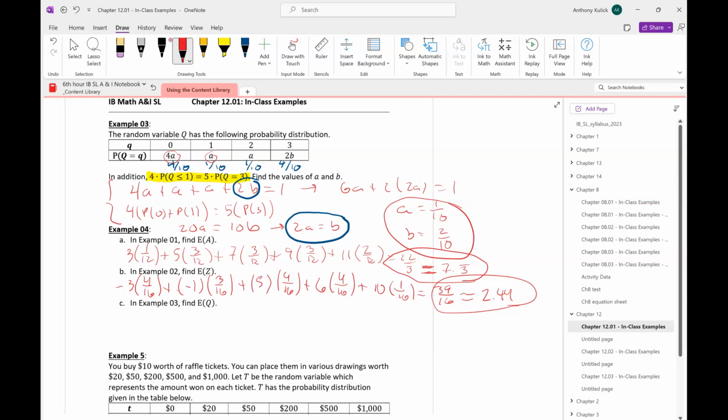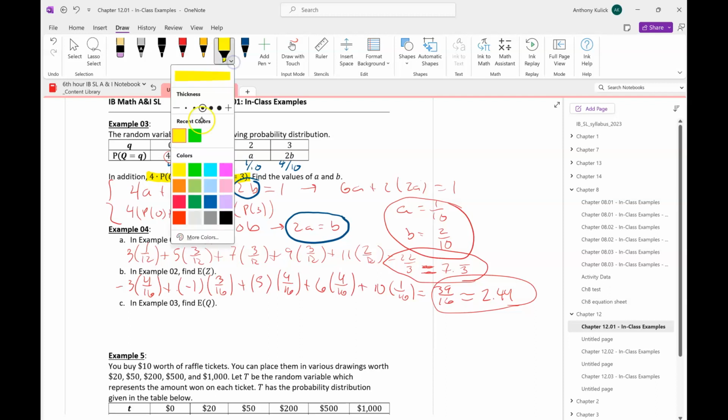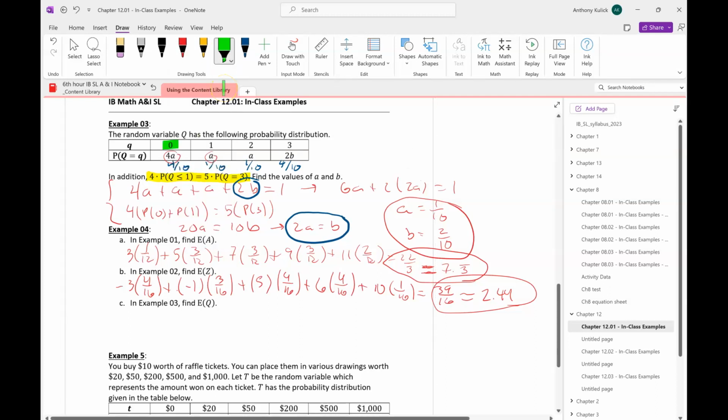Then tell me what I'd write here. Let's help you with the first one then. I'm going to do the outcome times the probability for that outcome. So the first one would be 0 times 4/10.